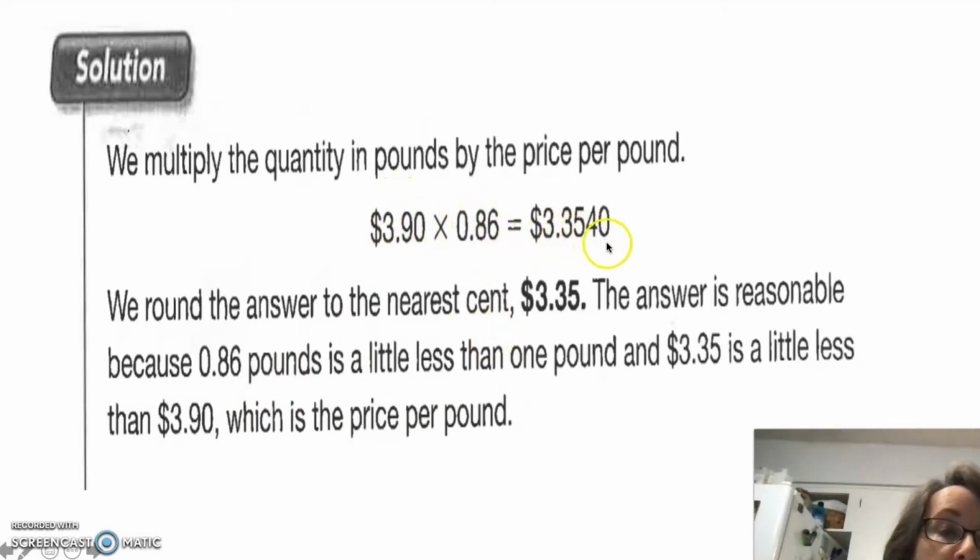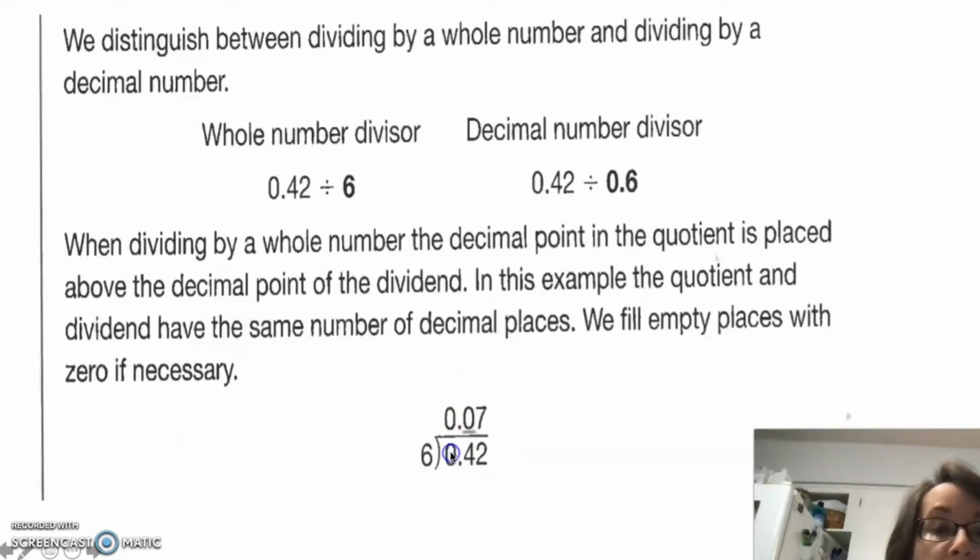It says 3.35 is reasonable because it would be less than 4 when we rounded this up to 1 and this to 4. Now they're saying that since this is a little less than a pound, and 3.35 is a little less than 3.90, then that is reasonable. So they did it a little bit different way, but it is a reasonable answer.